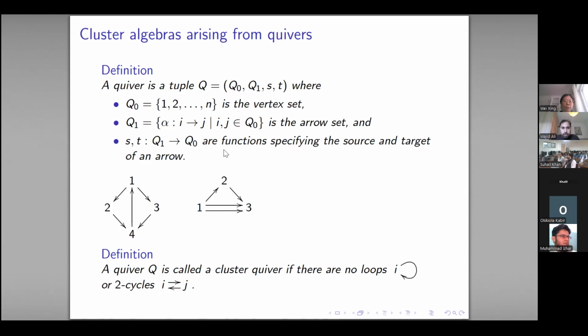Moreover, we have two functions s and t, which specify the source and the target of each arrow. So for example, here we have this quiver with 4 vertices and arrows between them. And there can be double arrows, like there can be more than one arrow between vertices, as we can see from this example.